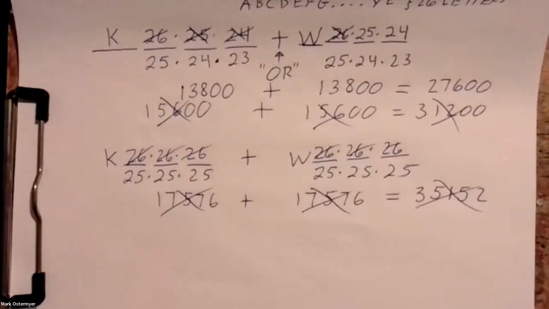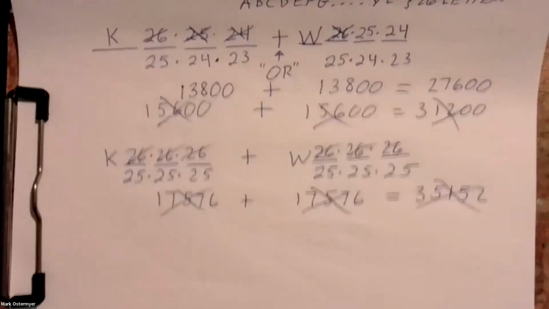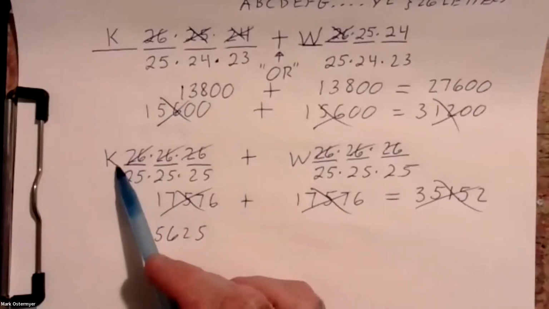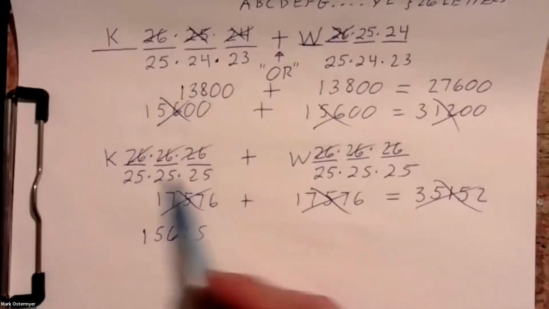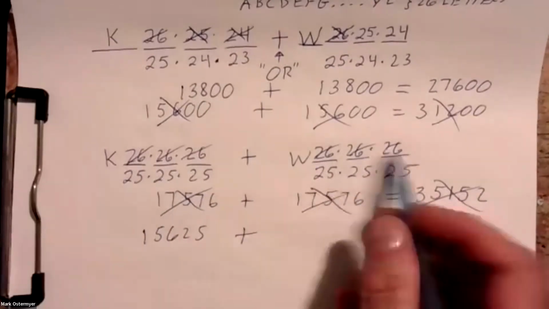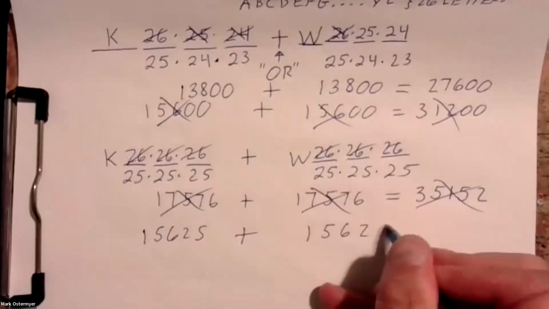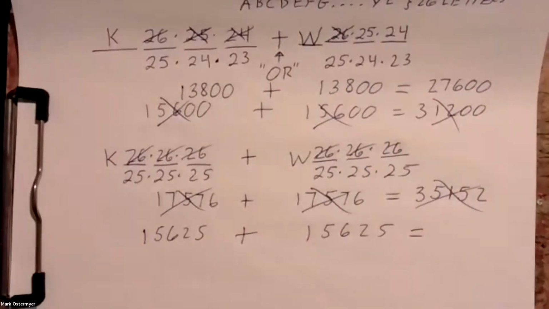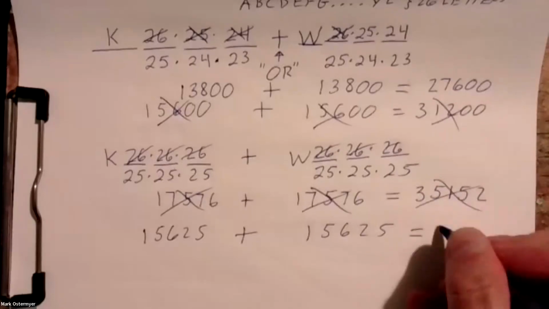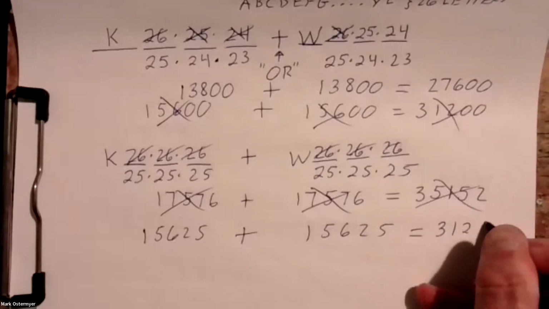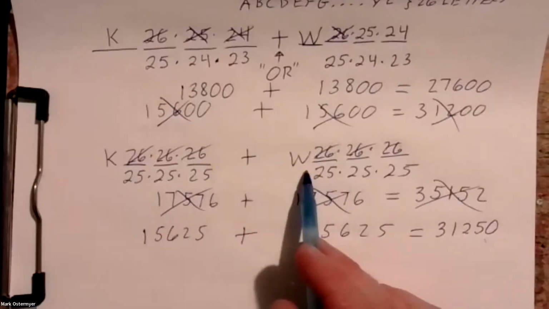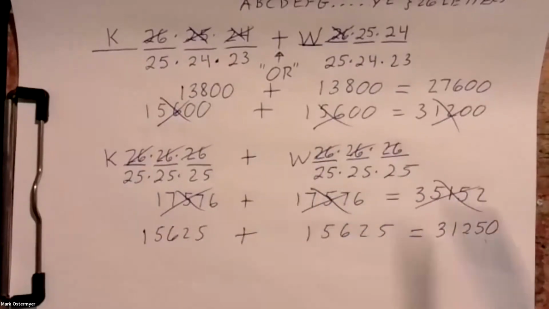So that's 25 to the 3rd power, which is 15,625 different call signs that begin with the letter K, and likewise 15,625 call signs beginning with the letter W. So adding those together, there would be 31,250 different call signs that either begin with the letter K or W where repetitions are allowed here.